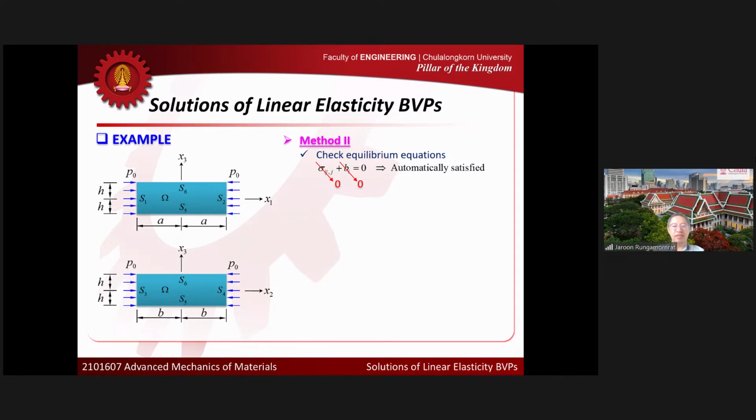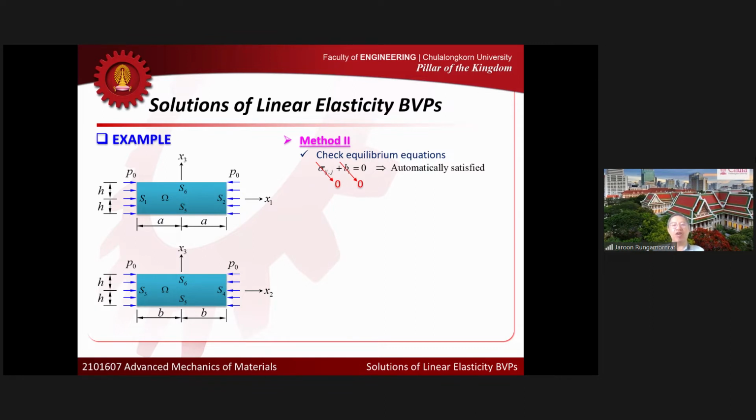Okay, so what I try to say here is the guessed displacement field in a linear form produces a constant strain and stress field that satisfies all equations inside, right?